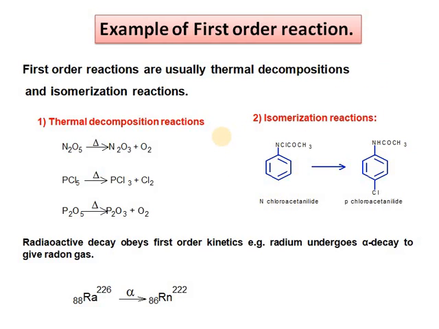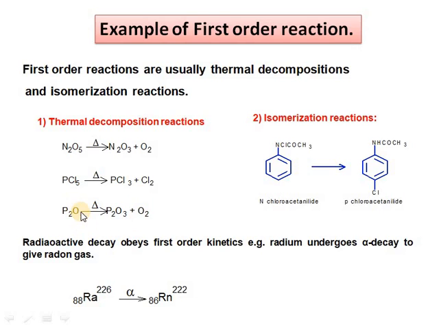First order reactions are usually seen in thermal decomposition. The first example: nitrogen pentoxide decomposes to give nitrogen trioxide plus O2. Another example: phosphorus pentachloride on decomposition gives phosphorus trichloride plus chlorine gas.